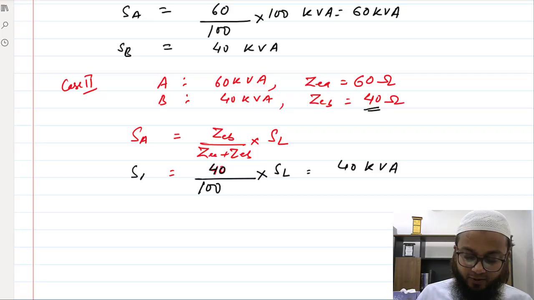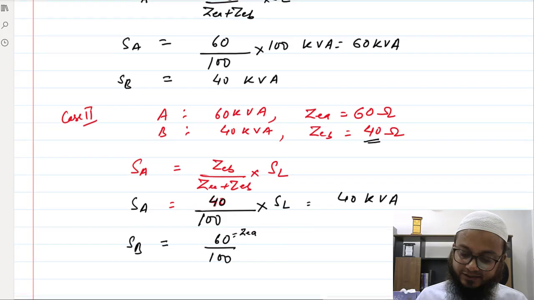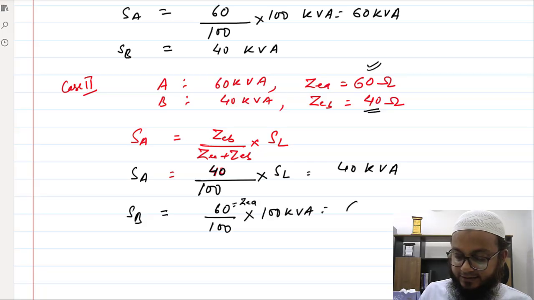So there is no problem for transformer A, but see transformer B. Transformer B would like to carry 60 upon 100, because this is equal to ZEA, which has been given as 60 ohms here, into SL, which is 100 kVA, and this is 60 kVA.